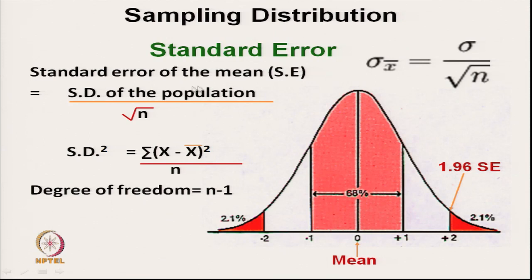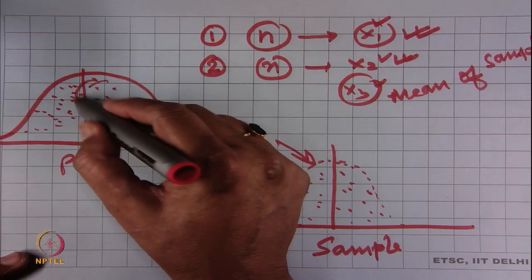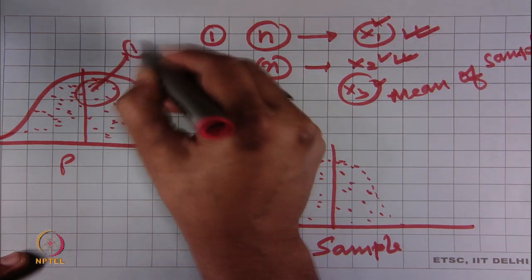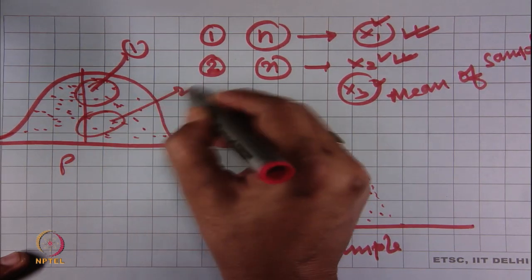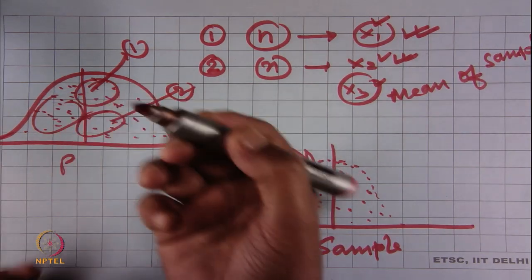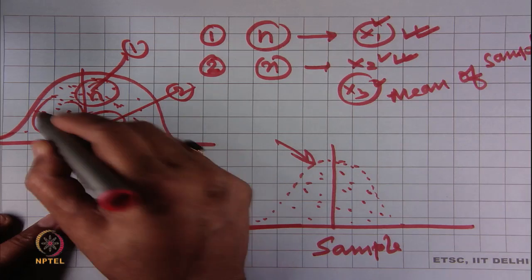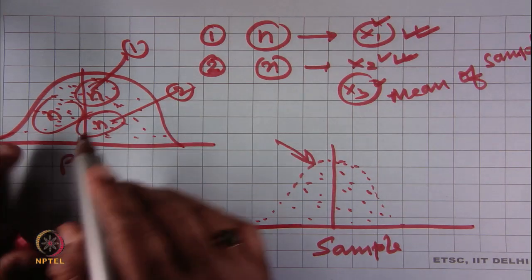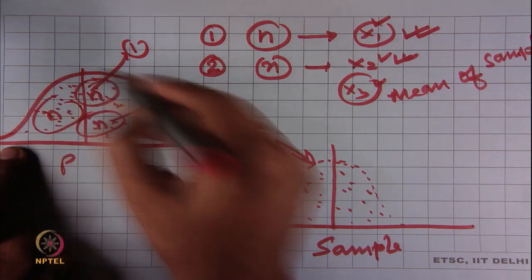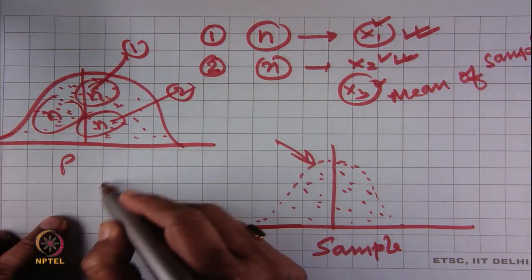Here, the standard error of the mean we can calculate as the standard deviation of the population divided by the square root of n. Coming back here, this was the population, and this is sample 1, sample 2, sample 3, whatever may be, with n data in each.